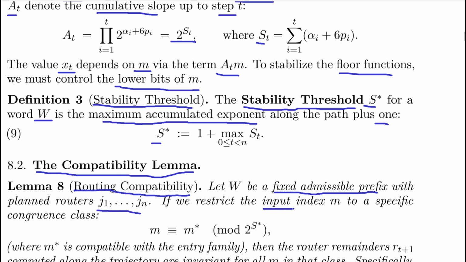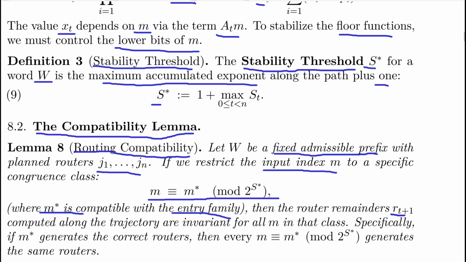If we restrict the input index M to a specific congruence class, so M congruent to M star mod 2 raised to S star, where S star is the stability threshold, and M star is compatible with the entry family, then the router remainders r_{t+1} computed along the trajectory are invariant for all M in that class.